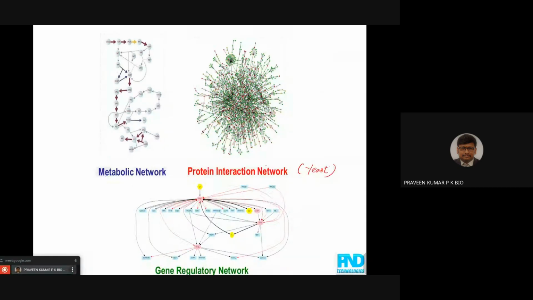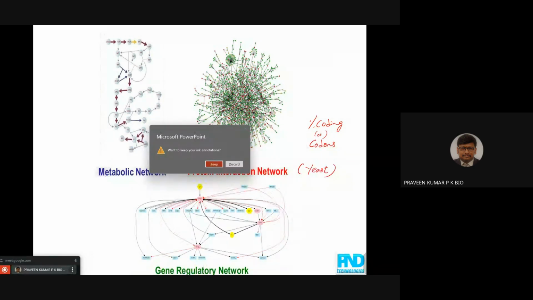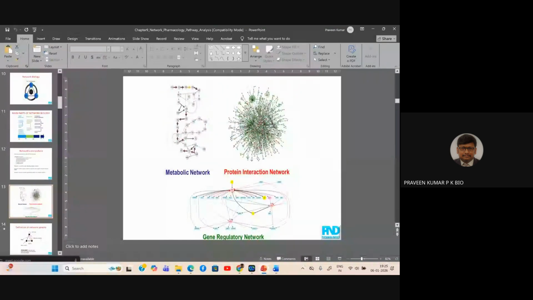Can someone tell me what percentage of coding genes are present in the yeast genome?